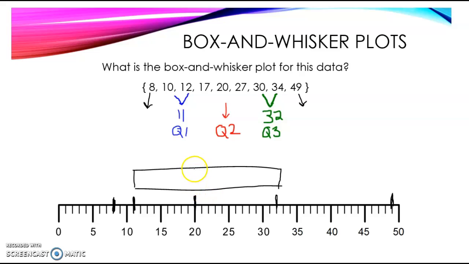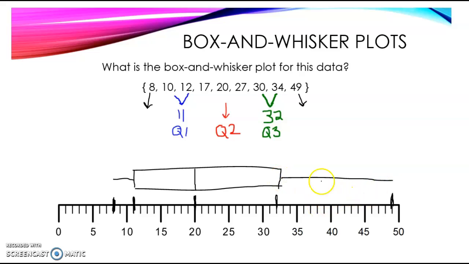And then there's a little line where that 20 should go, the middle quartile. And then we're going to make our whiskers extend all the way out to the lowest value on the left-hand side, and then the maximum on the right-hand side, all the way up to 49.